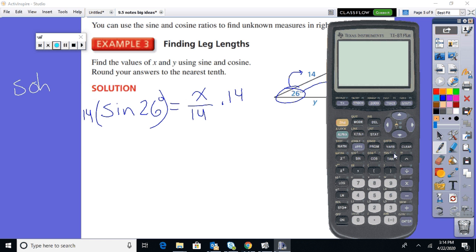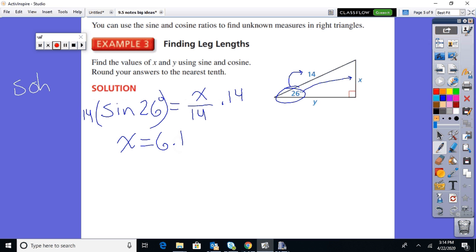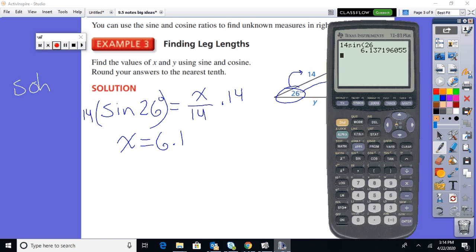And we've got 14 sine 26. Again, make sure your calculator is in degrees. All right? So we're going to round to the nearest tenth. So that is looking like 6.1 to me. So x is 6.1. And of course, if you forget how you put the calculator in degrees, mode, and toggle down to degrees, make sure you're in degrees.